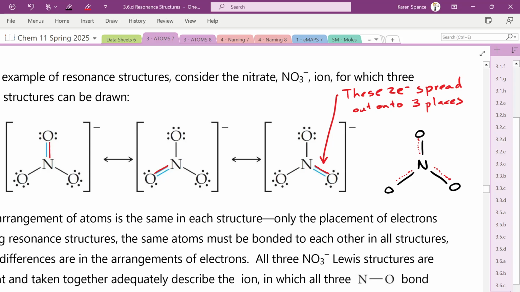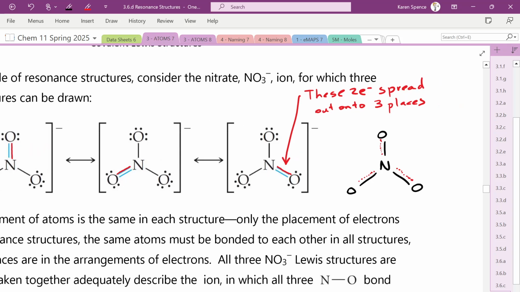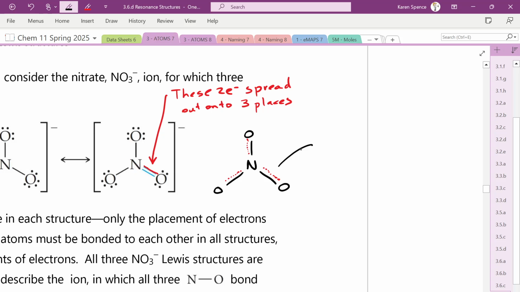So basically you have 1 bond spread out over 3 places. So that would be a third. Okay, so this is a 1 1/3 bond.